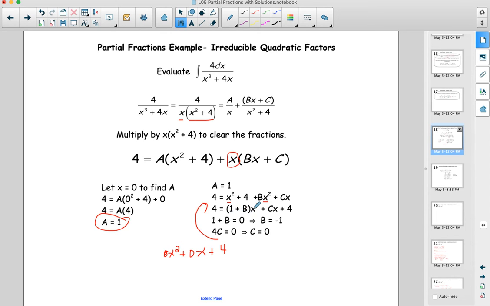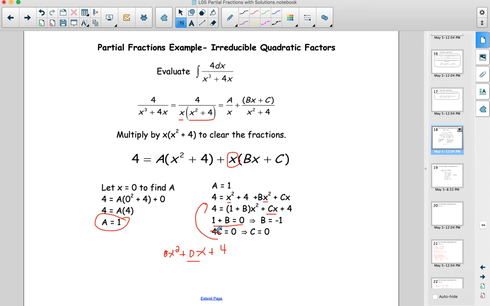And that's telling us now that we have a 0x squared on the left, so 1 plus B needs to be 0. We have a 0x on the left side, and we have a Cx on the right side. So that tells us that C must be 0.